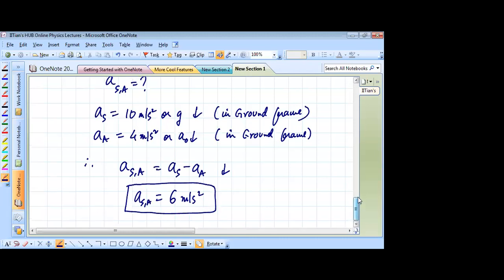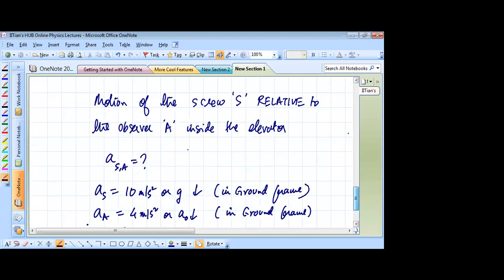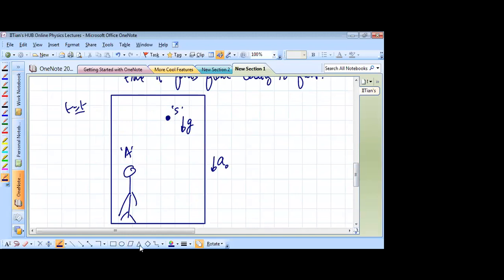So this is what this guy is seeing. Going back to the diagram above, you'll see that to this guy, it looks like it's not going with g. To this guy, the observer E, in fact, it looks like this is going down with an acceleration equal to 6 meters per second squared at some general time.